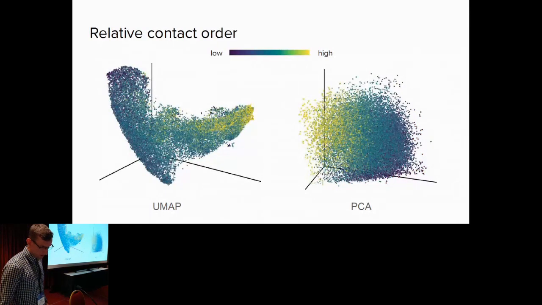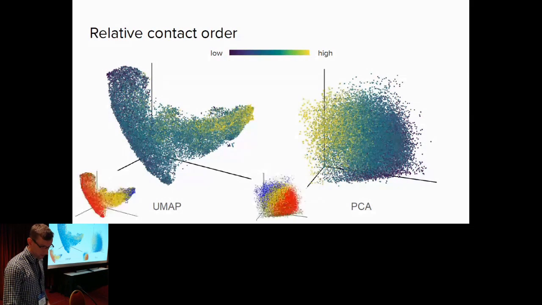And when it comes to relative contact order, which roughly speaking is a measure that tells us how densely packed our structures are, there is a clear gradient, which also correlates with CATH classes. Namely, on average, beta classes are more dense or compact as compared to alpha classes.